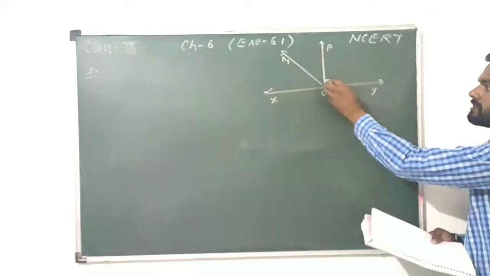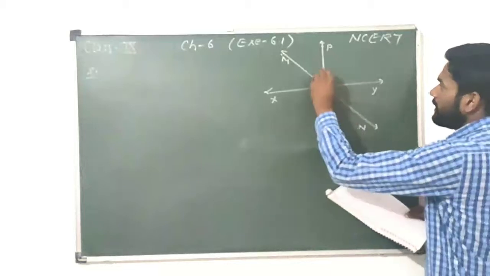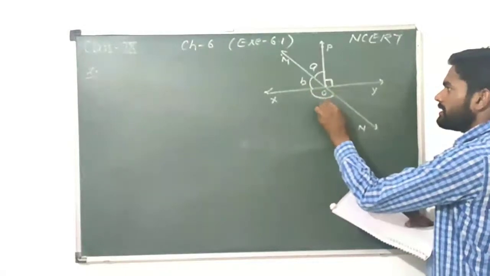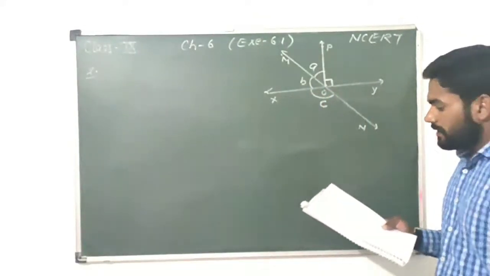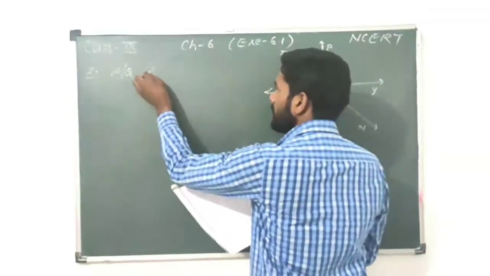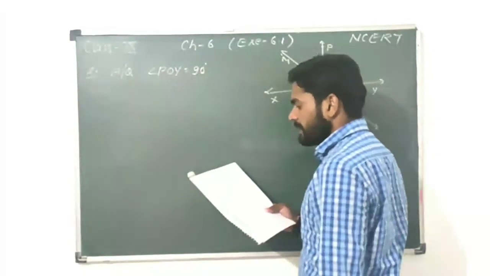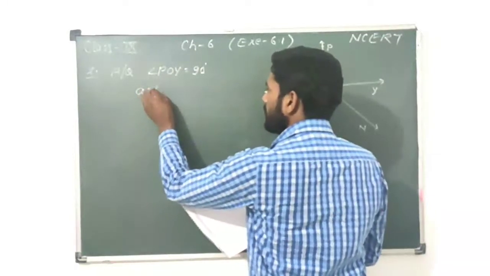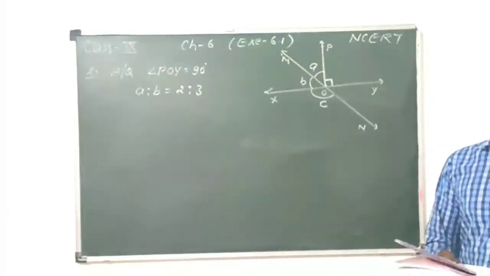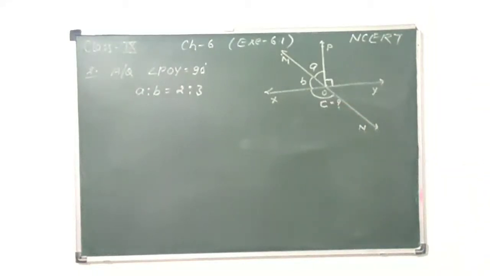This symbol means this angle is equal to 90 degrees. And the ratio of angles A, B, and C are given. This is angle A, this is angle B, and this is angle C. According to our question, angle POY is 90 degrees and the ratio of angle A and B is 2:3. Then what will be the value of angle C? We have to calculate how many degrees it will be. So how will we do it?